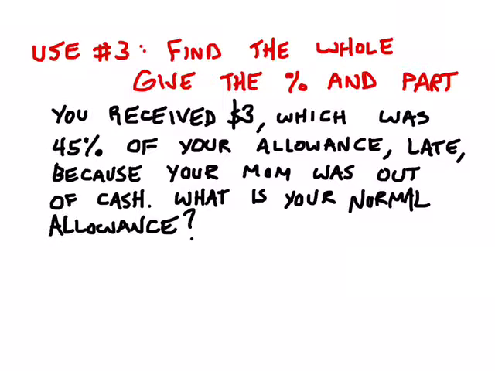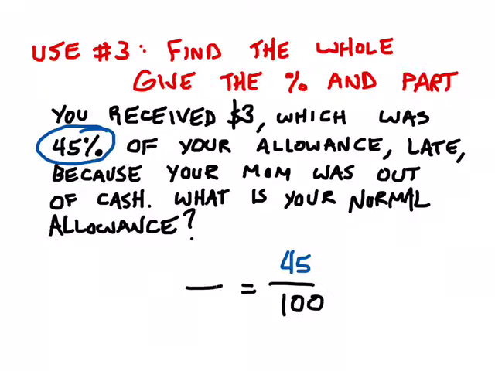Just like in the last problem, because I see this 45%, that's a dead giveaway that I know the percentage. So I'm going to go ahead and write that part out. I know I've got 45% of my allowance, so that's 45 out of 100. The question is, what's the other part of this fraction going to look like? I should have a part, I should have a whole.